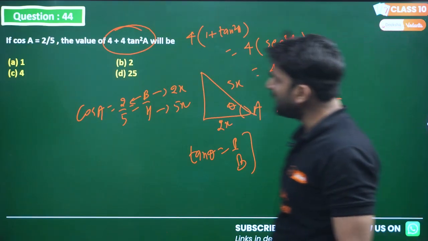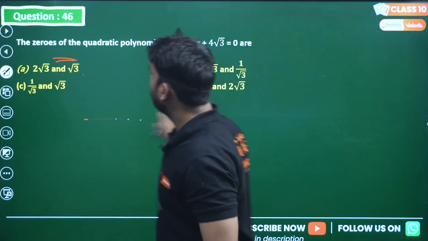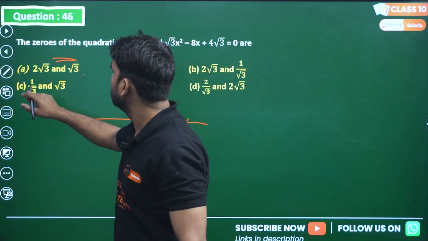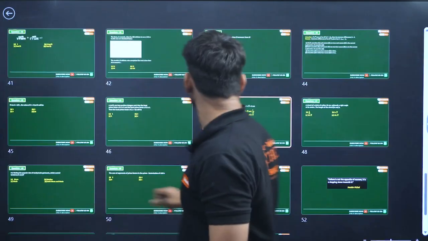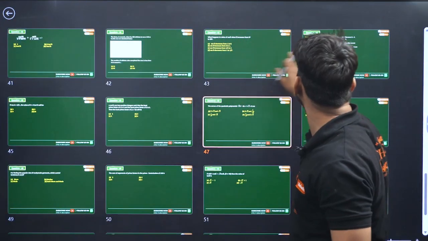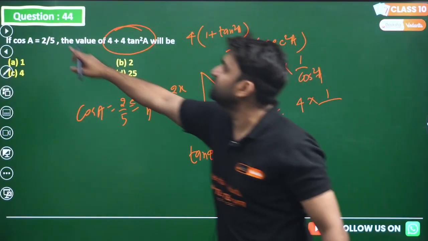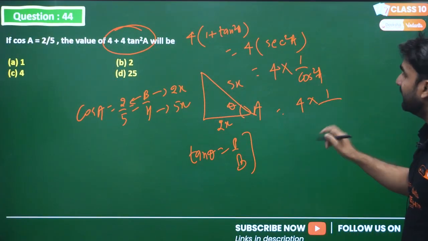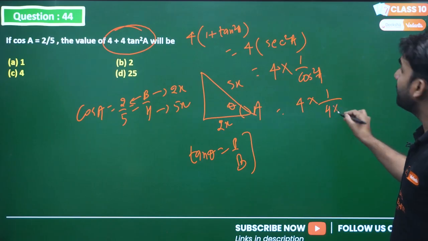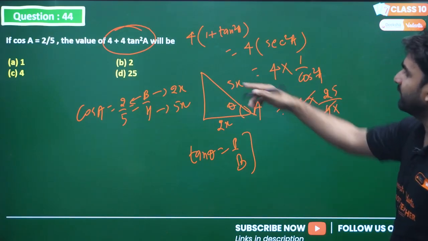Now cos A is 2 by 5, but here it is cos square A. So 2 square is 4 and 5 square 25 will go there. 4 cancels, 25 is the answer.